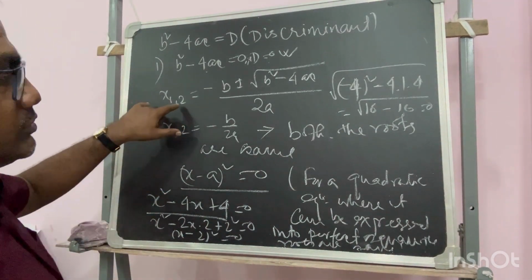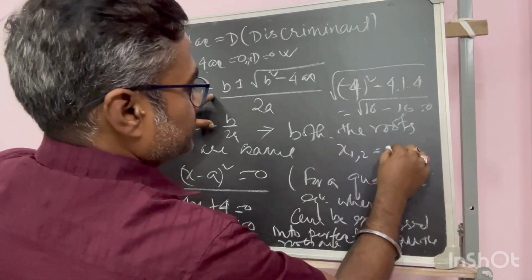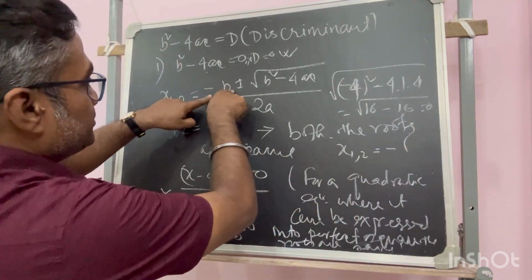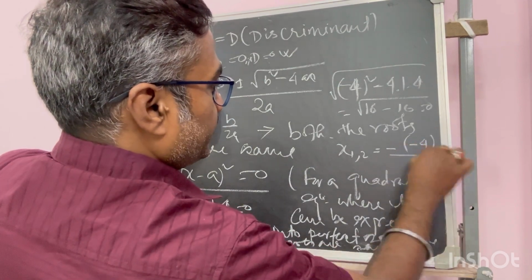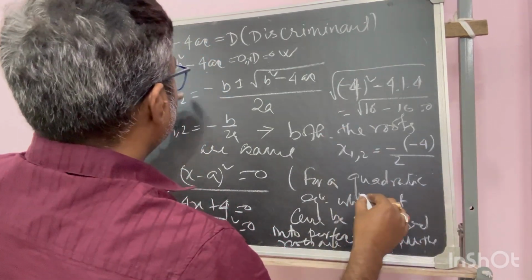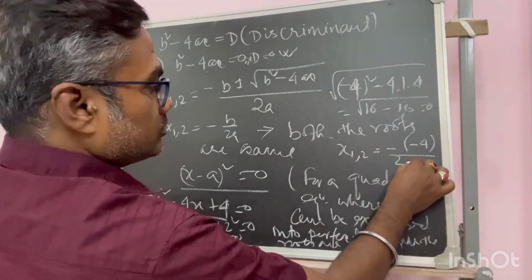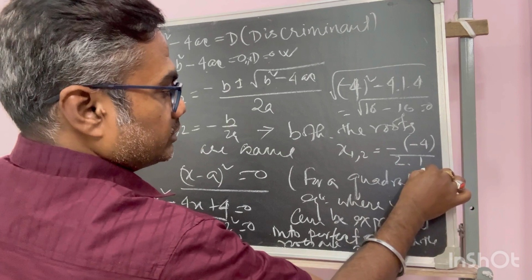And the values can be calculated from this expression. What is minus b by 2a? Minus b is minus of minus 4, and 2 into a, where a is 1, so this is 4 by 2, which is equal to 2.